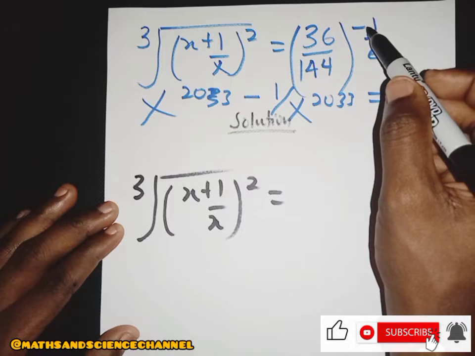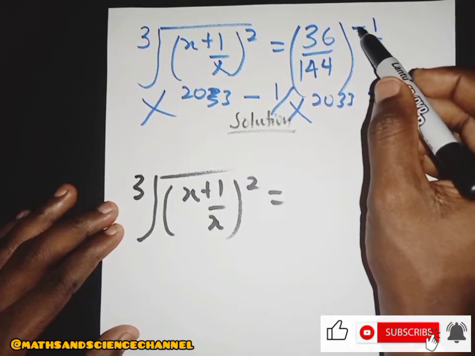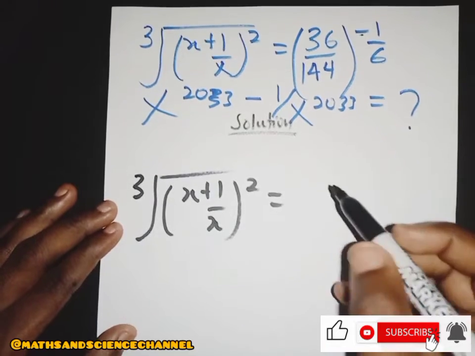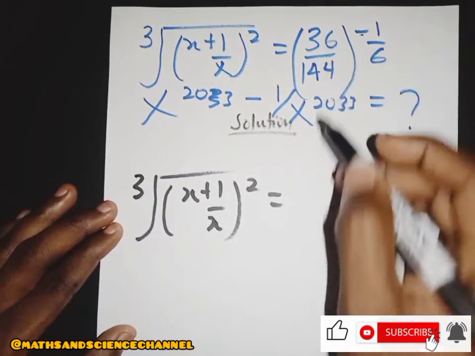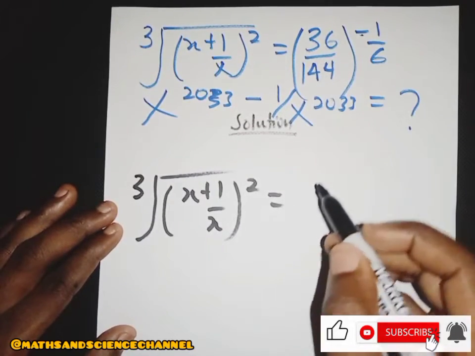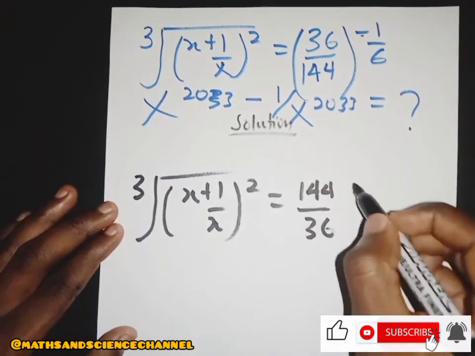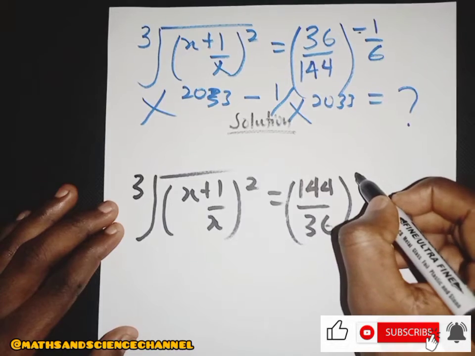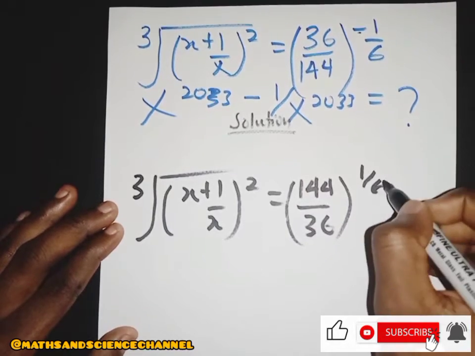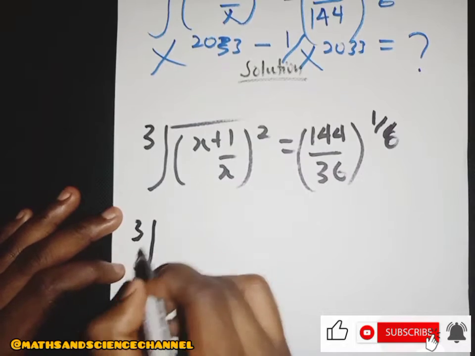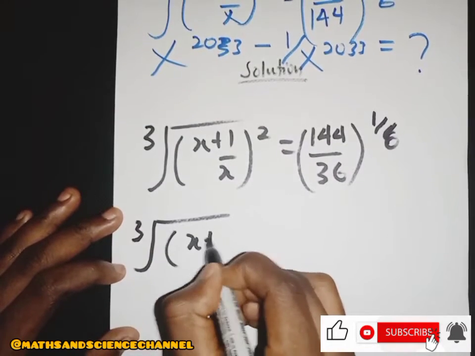Now what we are going to do first is to get rid of the negative here. From properties of indices, we have to change the numerator and the denominator. So interchanging them, we have 144 divided by 36, and therefore our exponent changes to 1 over 6 in this case.